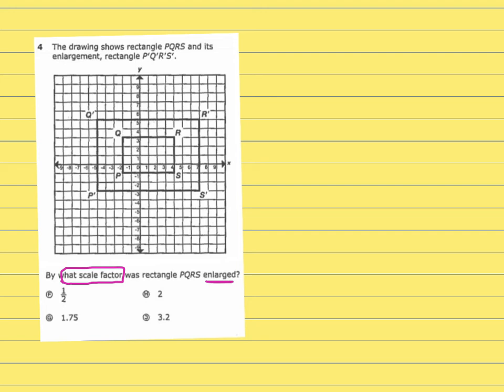So since it's enlarged, we know it has to be greater than 1 whole. And then when I go look at my answer choices, there is one that could be eliminated. It cannot be half because the shape got enlarged.